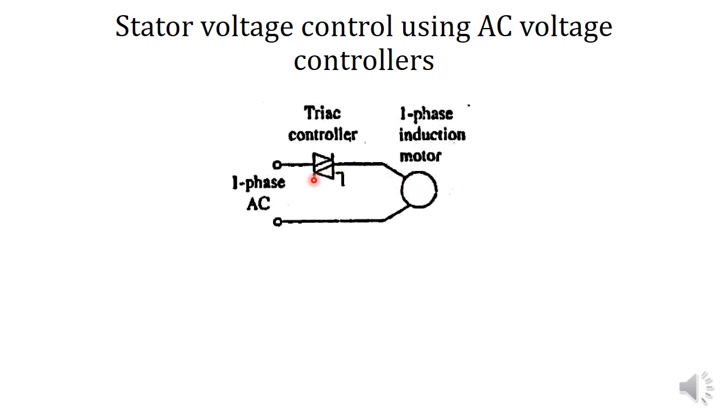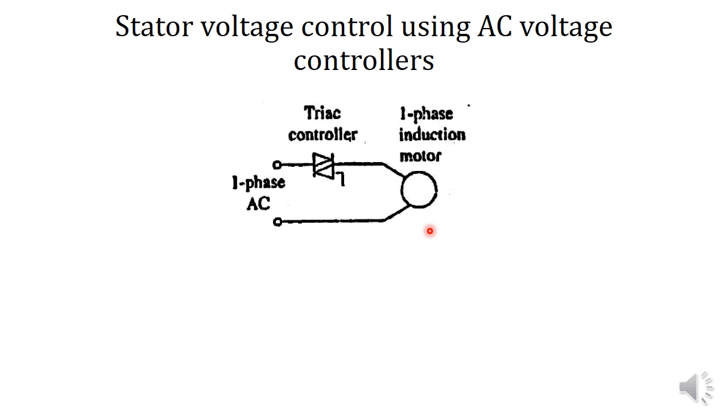So this is a single phase AC voltage controller formed using triac, and it is used to control the speed of this single phase induction motor. As we know, the stator voltage control method is used mostly for controlling the speed of fan loads.